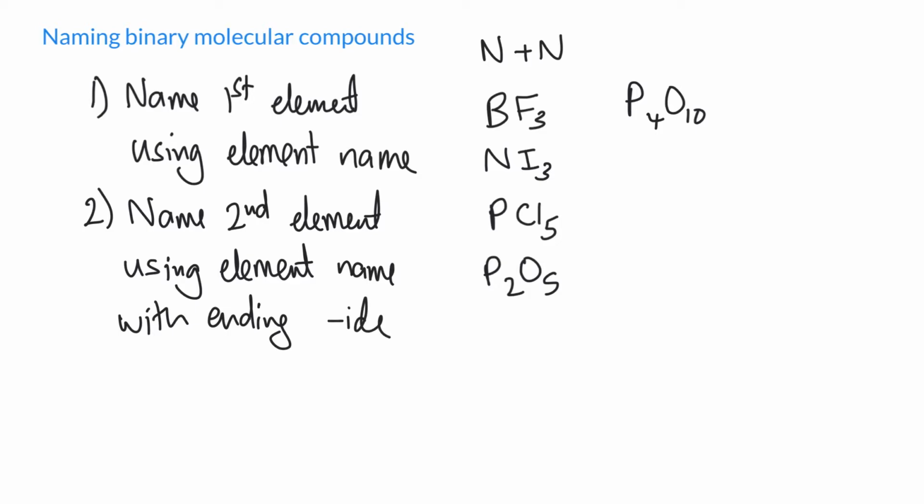Now, these are pretty much exactly the same as the ionic naming rules. And you might say, well, okay, that seems pretty easy, right? But the problem is if you had something like NO or N2O or NO2, then all three of these would get exactly the same name using these rules. So they would be nitrogen oxide, nitrogen oxide, nitrogen oxide.